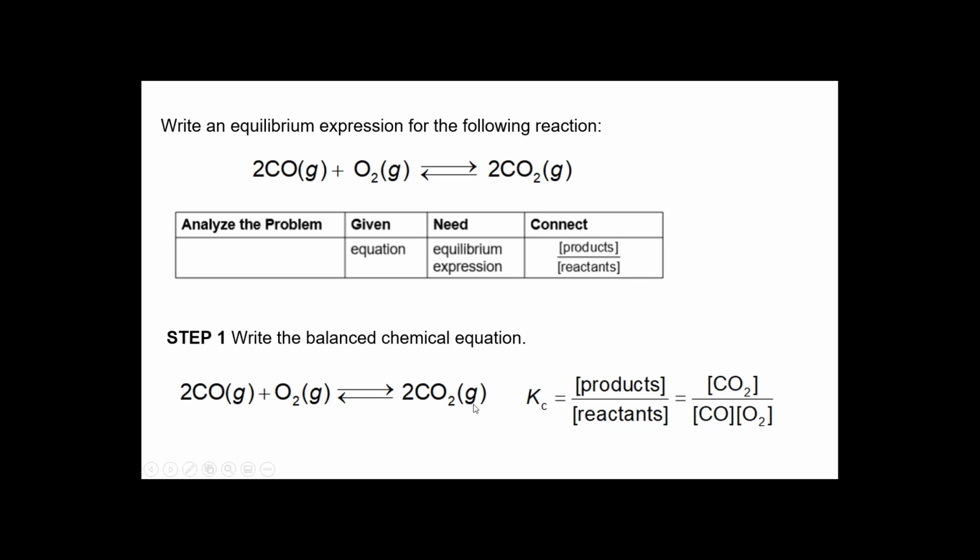So here we have the balanced equation, and we have the equilibrium expression. So again, products are on top in brackets, not parentheses, brackets. Brackets mean concentration. So we take the CO2 and we take CO down here and we put O2 down here.